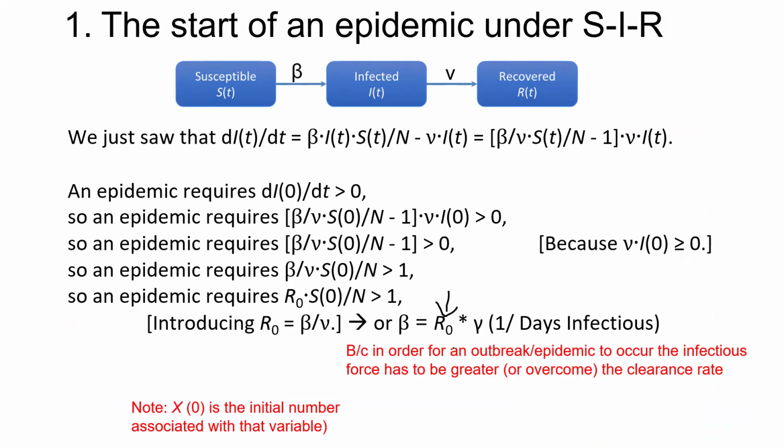And R naught is, in effect, a function of how infectious something is over how easy it is to get people from being infected, or the infectious force, to the recovered population or the removed population from the equation.